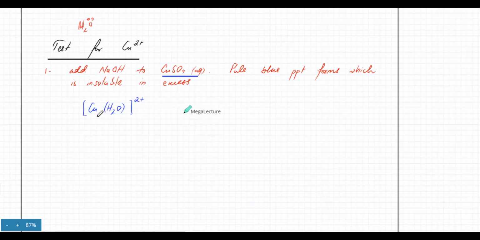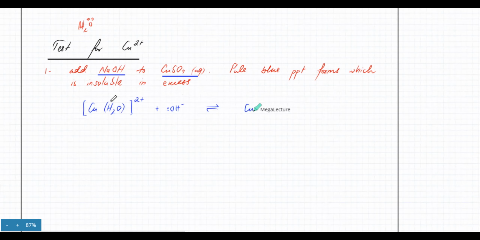Now, when you add NaOH, what ligand is introduced by NaOH into the mixture? OH ions are added because of NaOH. So there are going to be OH ions coming in with their lone pairs, and those OH ions are going to knock out the water molecules that were previously surrounding the copper.